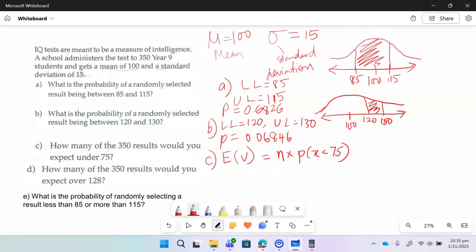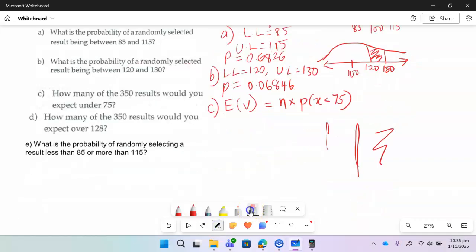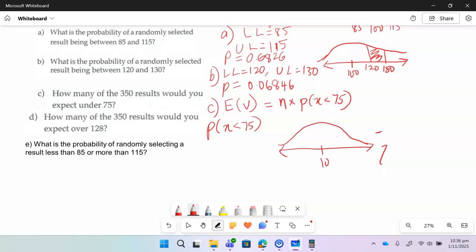So we're going to first calculate the probability of x being less than 75, which means your normal distribution curve looks a little bit like this for the situation. 100 is bang in the middle, 75 somewhere over here.